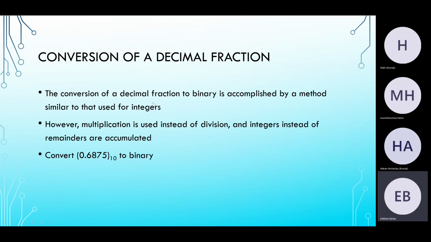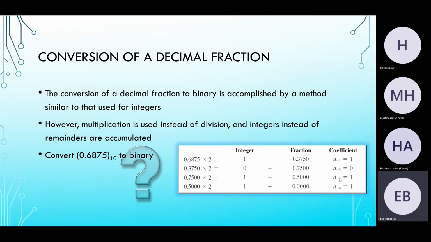Want to convert fractions, how we are doing it is like this. This time we multiply it by 2 times this number. We got 1 integer and 0.375 is the fraction part again.